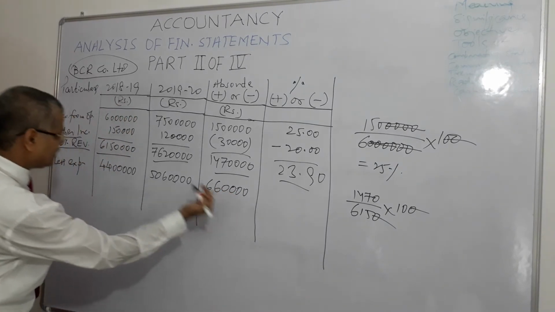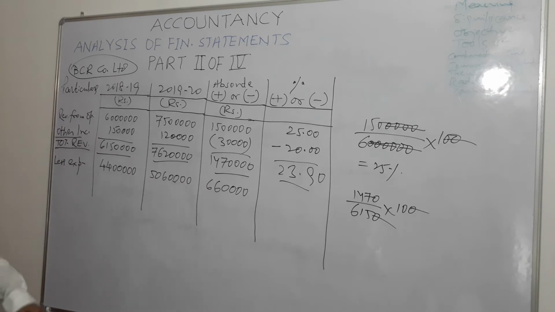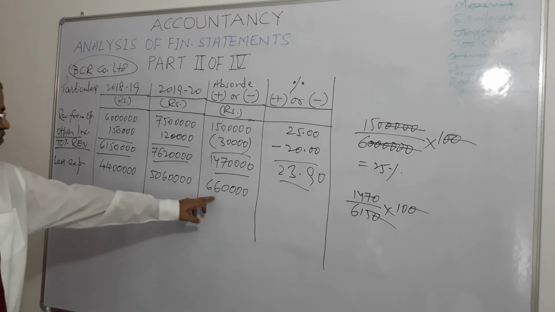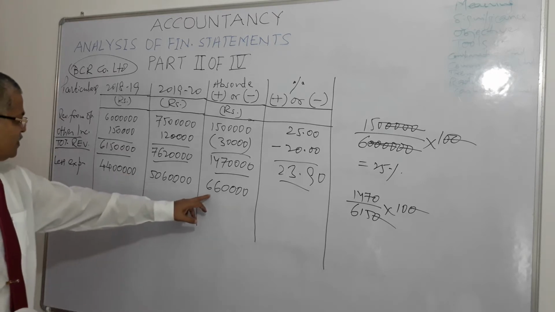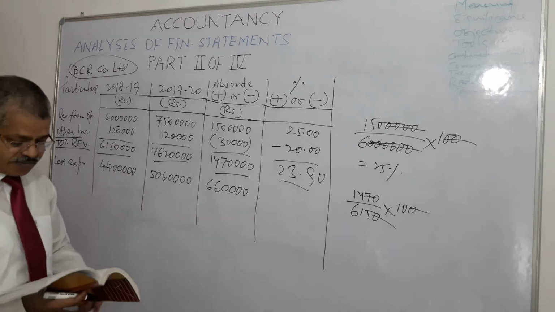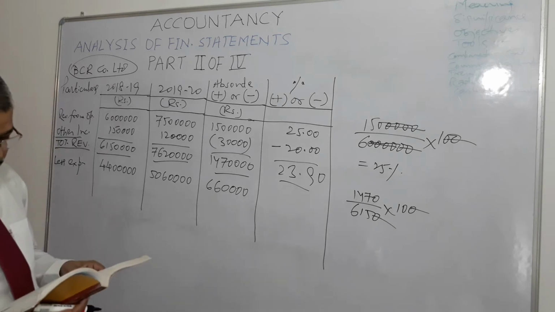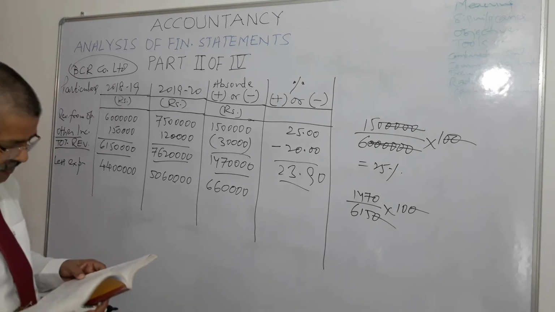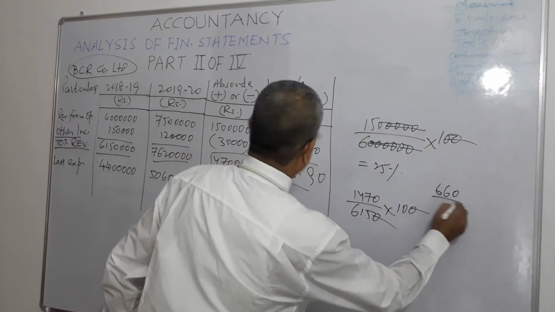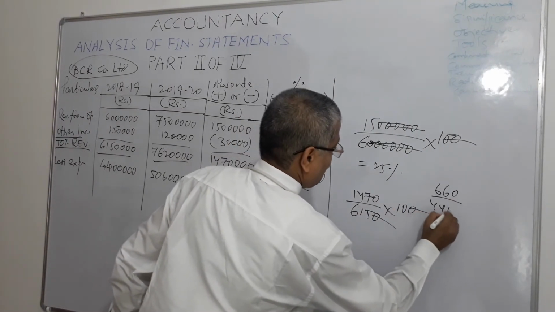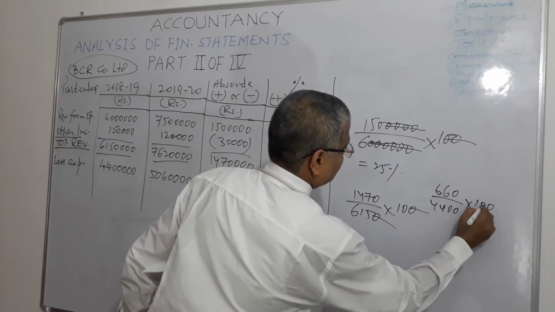Now 6,60,000 as a percent of 44 lakhs, that is 660 upon 4400 into 100.